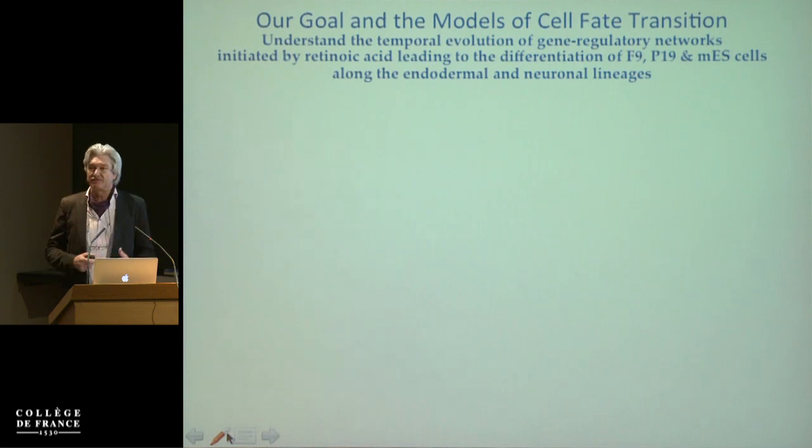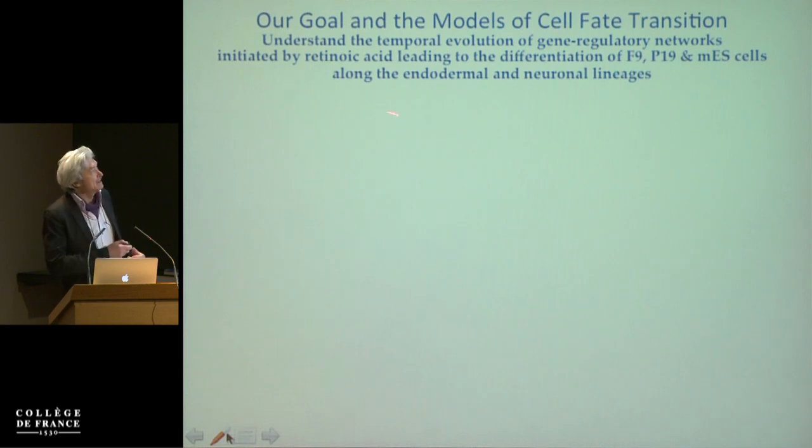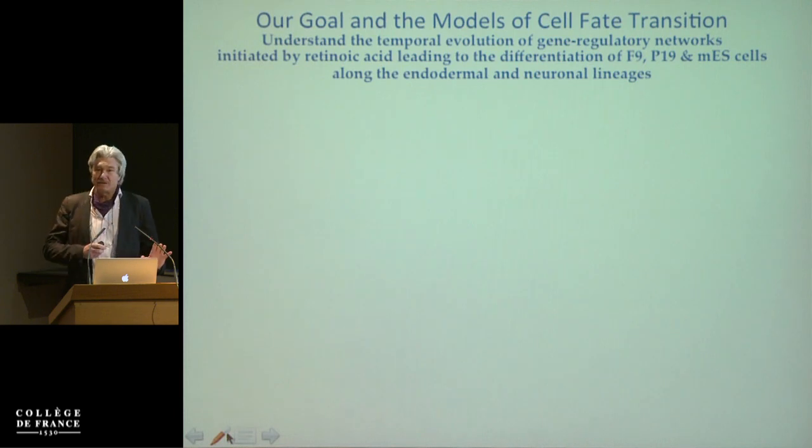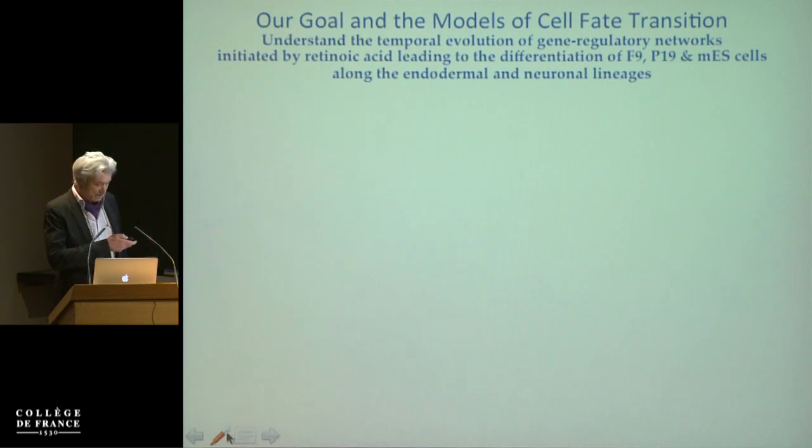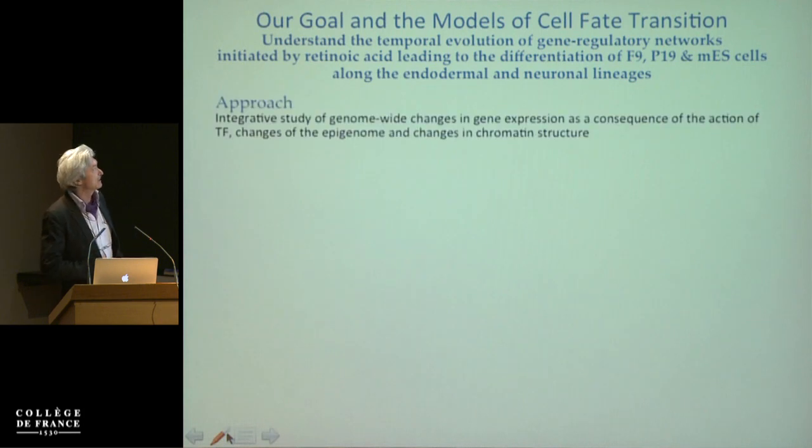And P19, for example, are cells which we use a lot in order to study neuronal differentiation. And we try to understand what are the processes which drive these differentiations. And as a trigger, and that is why I'm here, we use retinoic acid, because retinoic acid is a fantastic trigger to initiate differentiative events at various levels, and we use that because we are working for quite some time with this.